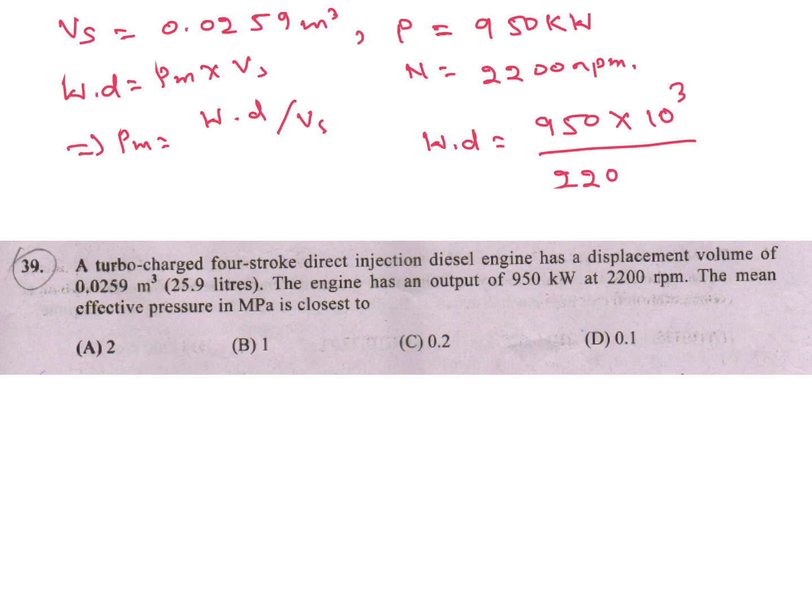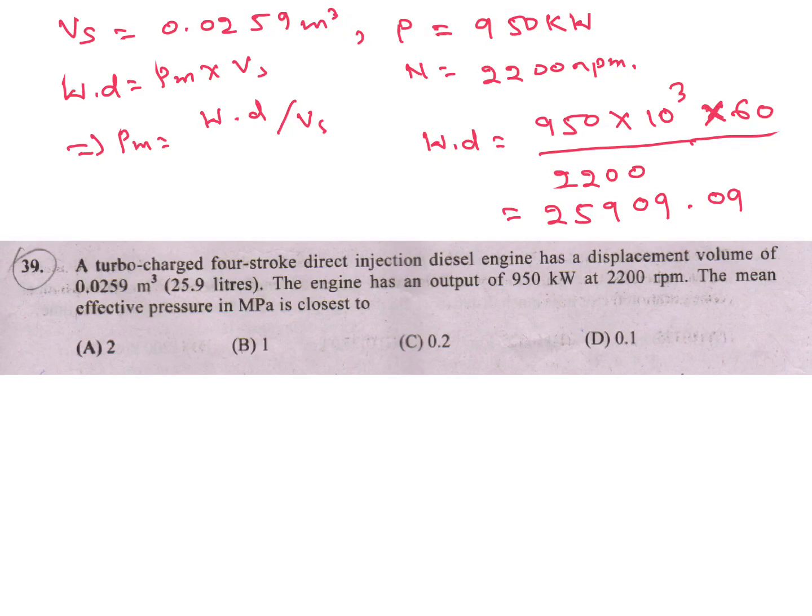If you solve this one, you will get 25909.09. This is in RPM, so you have to multiply 60. This is 2200 RPM, you have to multiply 60 here, then you will get this one.